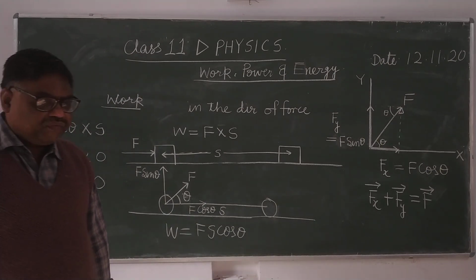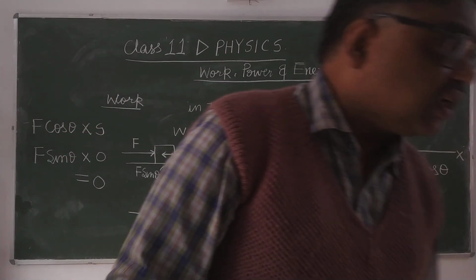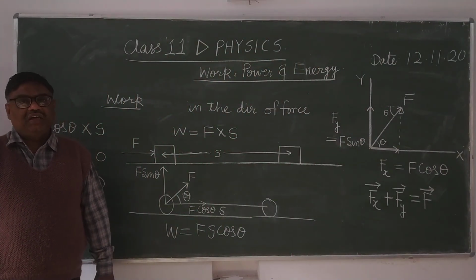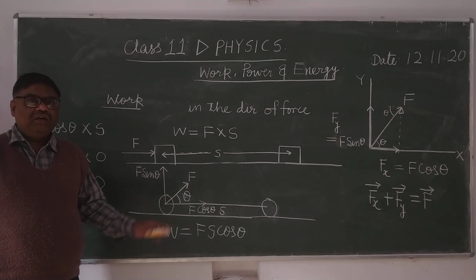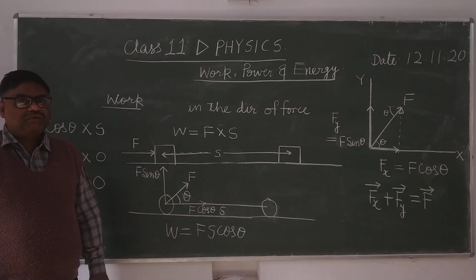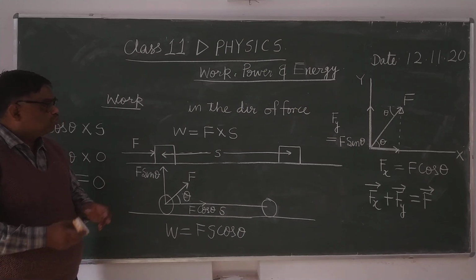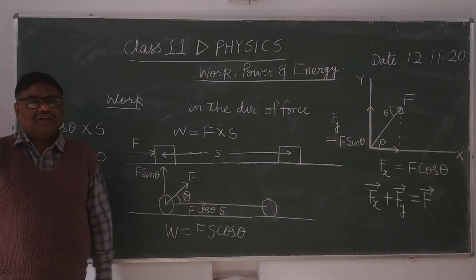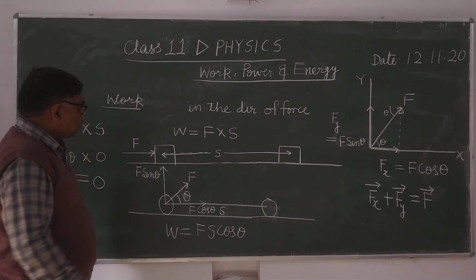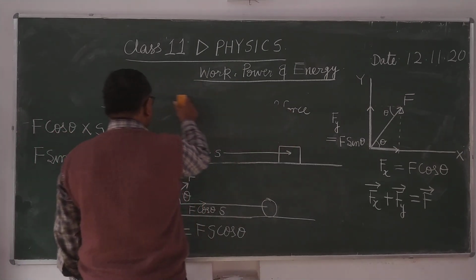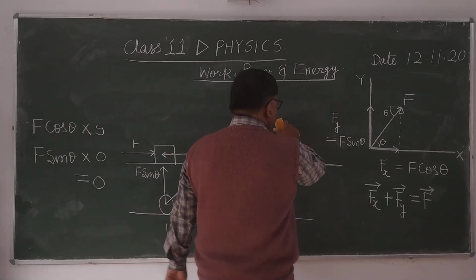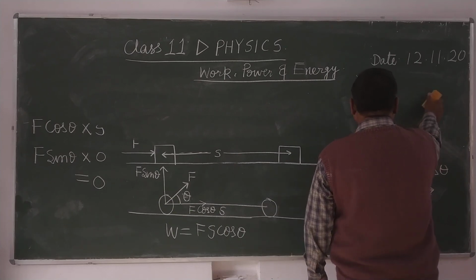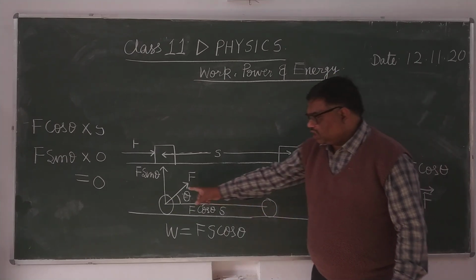Now see, in which case will maximum work be produced by a force? A force produces maximum work when it displaces the body in the direction of force, because we know that the maximum value of cos theta is 1, and it will be equal to 1 when theta equals 0 degree.